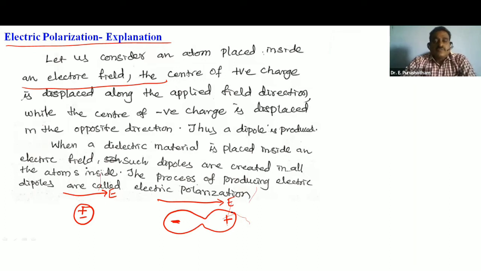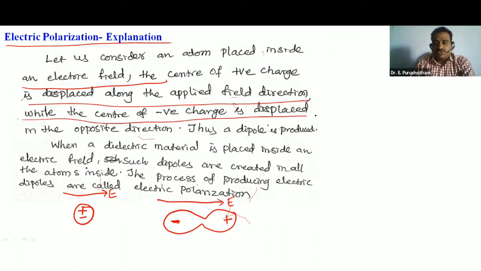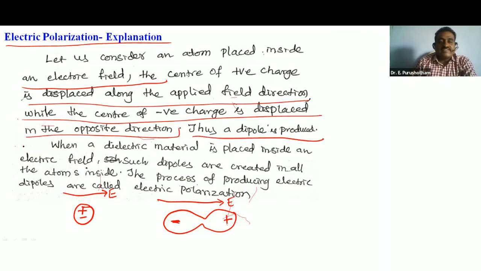What I am saying is, let us consider an atom placed inside an electric field. The center of positive charge is displaced along the applied field direction, while the center of negative charge is displaced in the opposite direction. Thus, a dipole is produced.